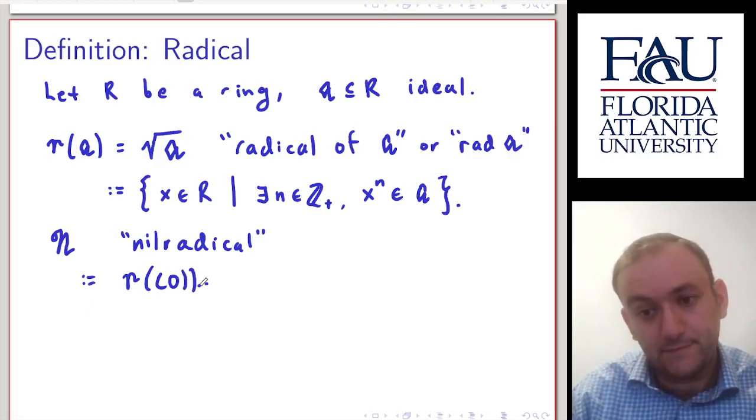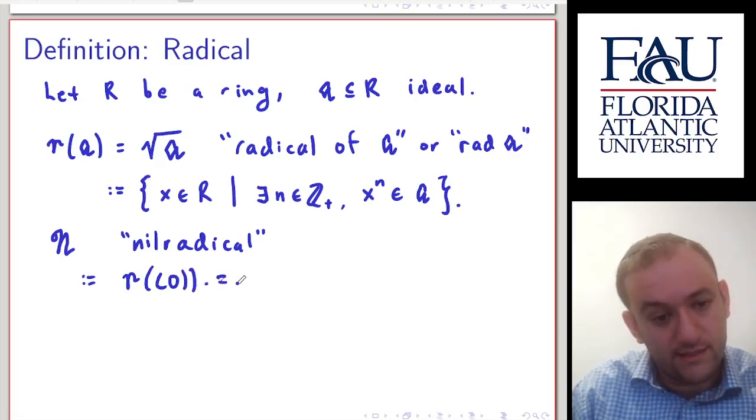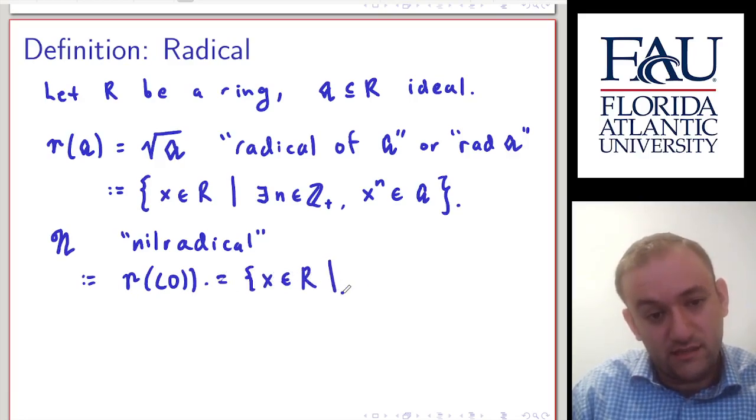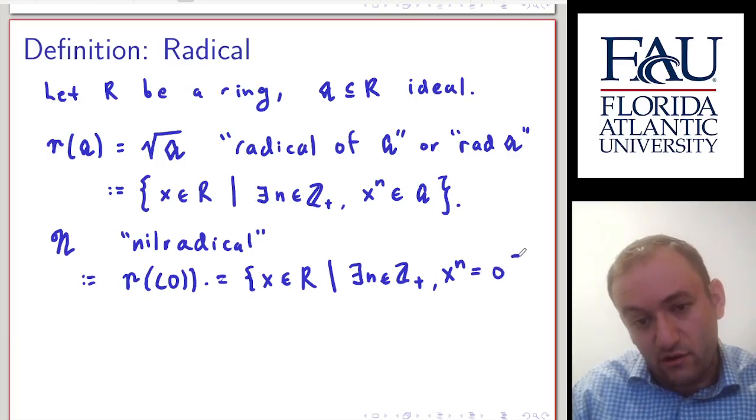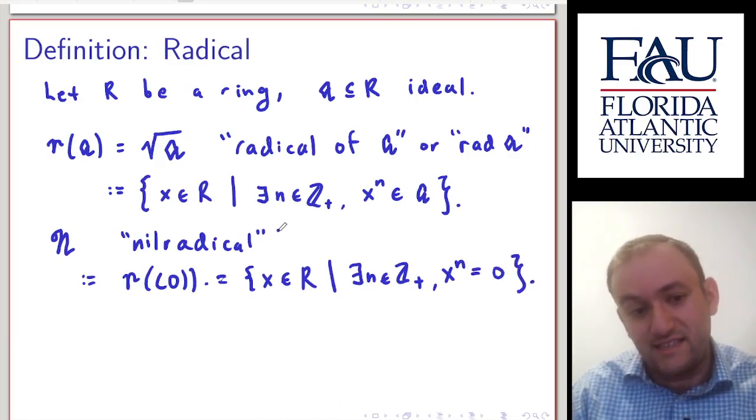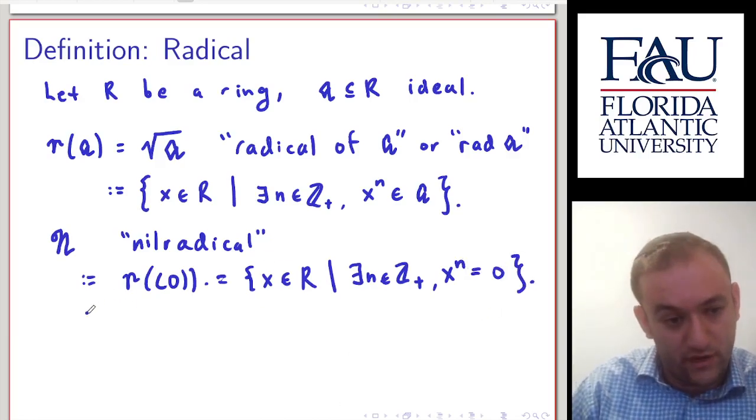Okay. In other words, this is the set of elements in your ring such that there's some positive integer power so that X to the n is 0. Okay, so this is the set of nilpotent elements of your ring.